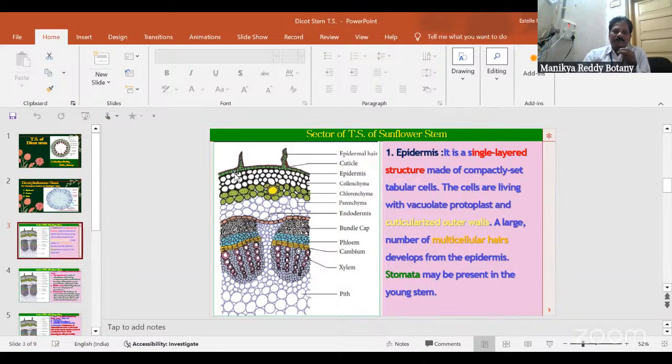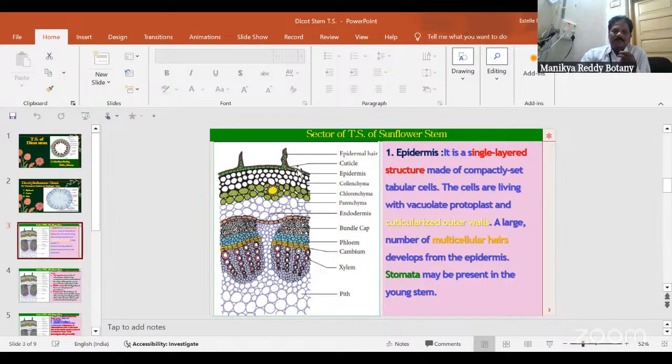The outer surface of the epidermis is covered with cuticle layer, and you can find stomata. Stomata are minute microscopic aerating pores. They help in exchange of gases.